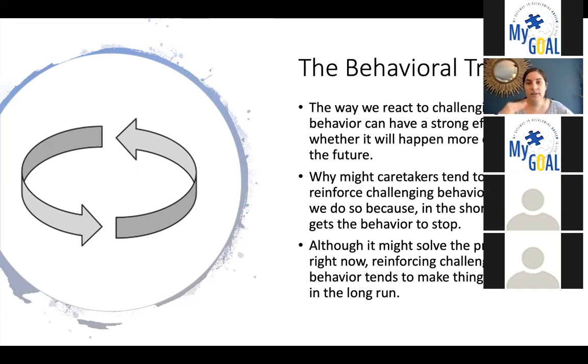That same thing is going to happen. Those behaviors are going to occur again. You're likely to give in and give that candy, and that's going to keep on happening. So even though we're solving the problem in the moment, in the long term, it's going to make things much worse and keep those behaviors going. So that's what we're going to try to avoid.